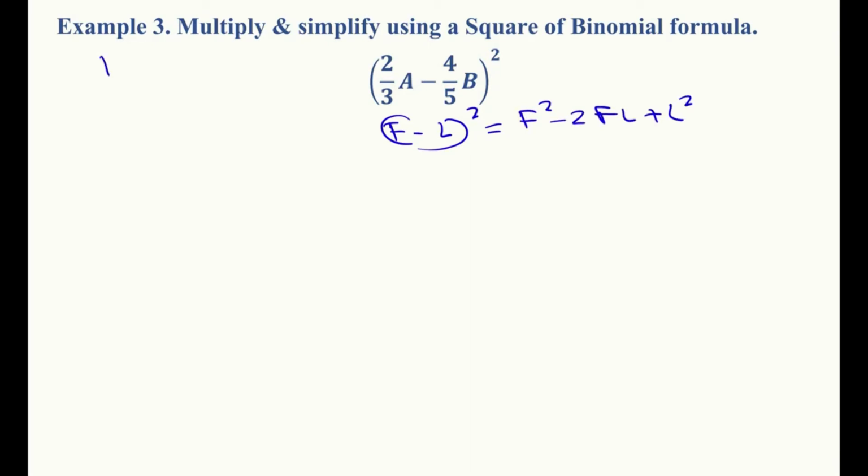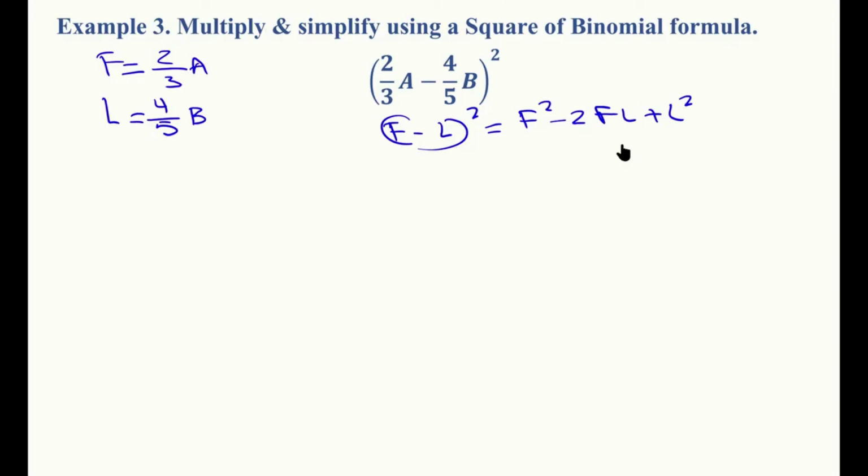Here, the role of f is being played by 2/3 a, and the role of l is being played by 4/5 b. So sometimes, instead of taking all this so seriously, you just have to look at it like one of these games that you may be playing on your computers, etc. Each game has some rules. You learn the rules and you play the game.